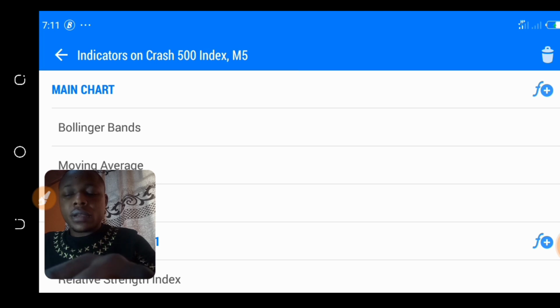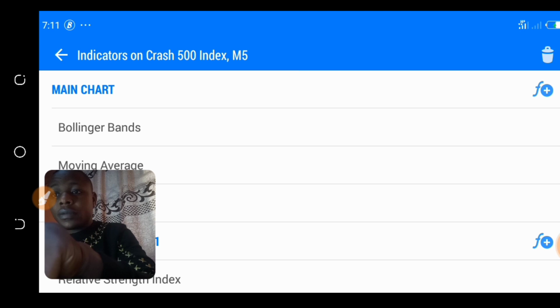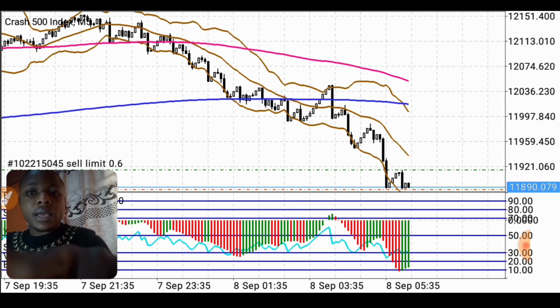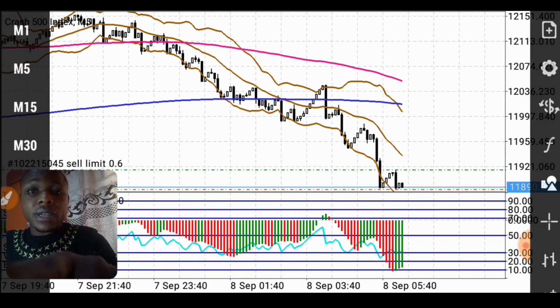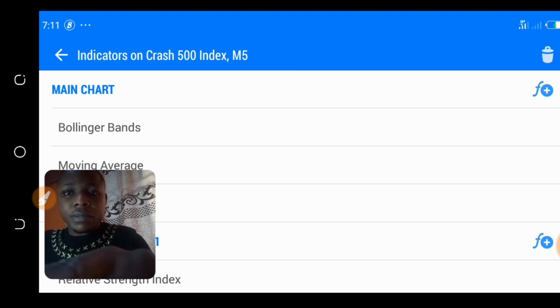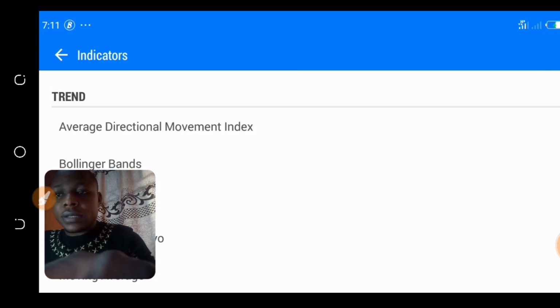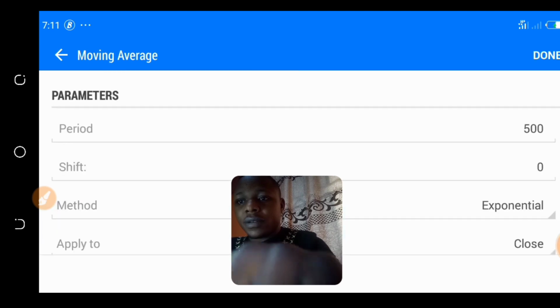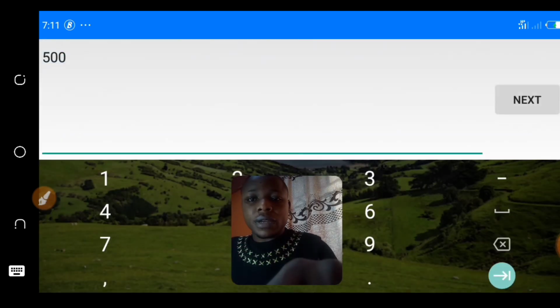And for the lower moving average, the 50 will be SMA, not EMA this time around. So let's add another moving average, 50.